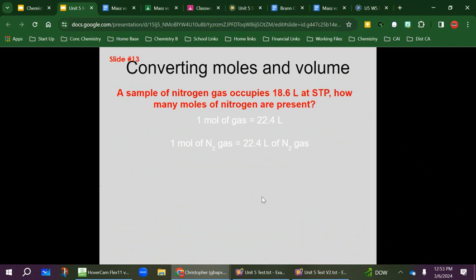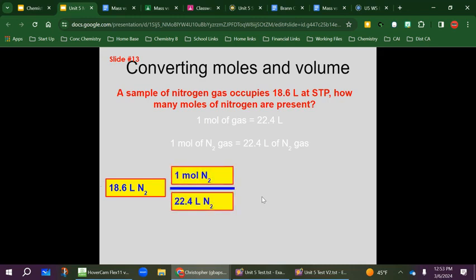So this conversion is actually easier than the last one because we don't have to calculate this number. We know what the number is. But we are going to use it the same way we did the last one. Because these two things are equal, I'm going to take what I'm given, my liters, and I'm going to take it times a conversion factor. In that conversion factor, I'm going to use this and this.